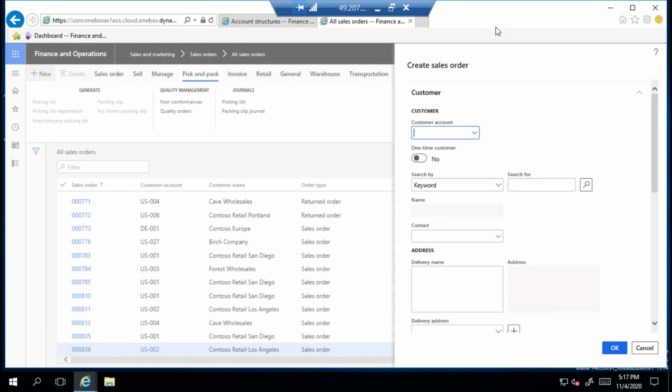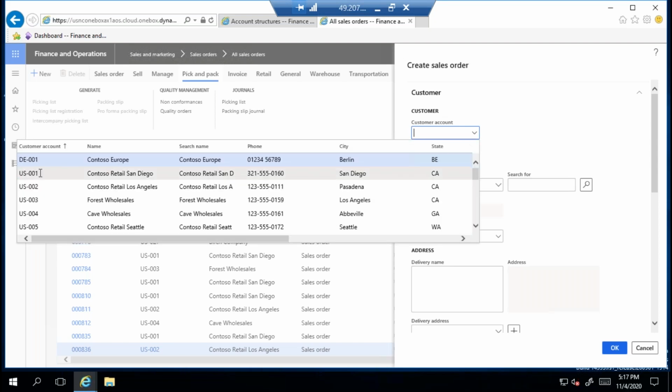Select the customer account. Don't select DE001, it is an intercompany customer. You will get confused about that one.